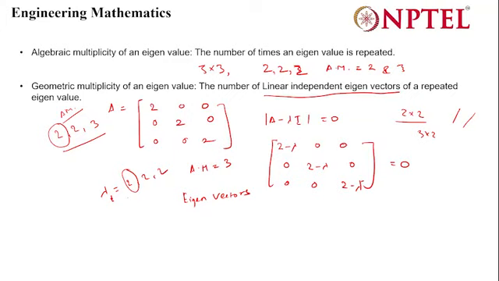I will solve this because this is a different kind of question. Suppose this kind of matrix is given, or an identity matrix is given. So how will you calculate the eigenvectors? We will put the values and it will be a null matrix.